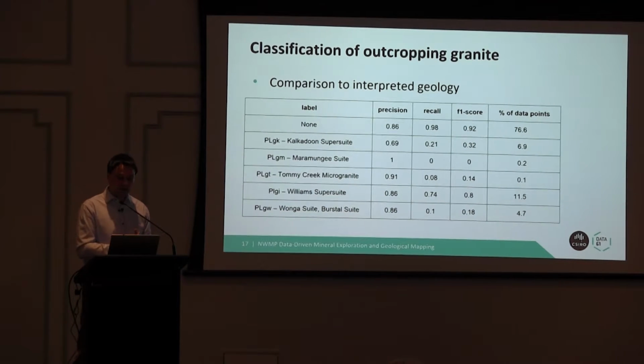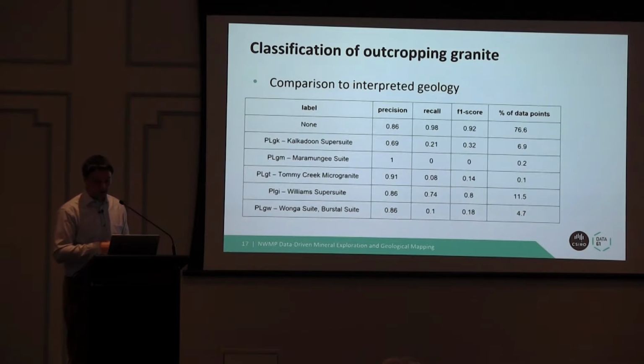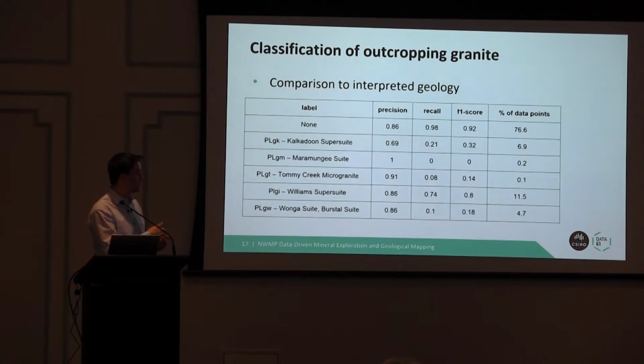So we can see that if we have a low number of training points, we have trouble with classifying the particular granite type. So for the Williams supersuite, we get higher precision and recall and F1 score because we have basically 11% of the training samples actually cover that type of granite, whereas for the other 3 we don't have that many samples.